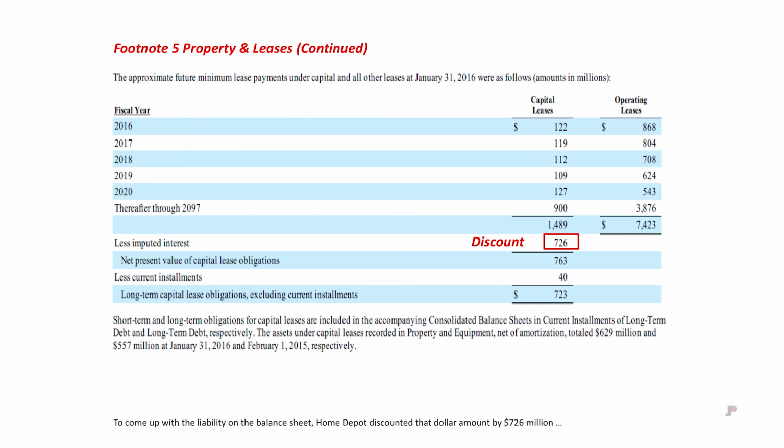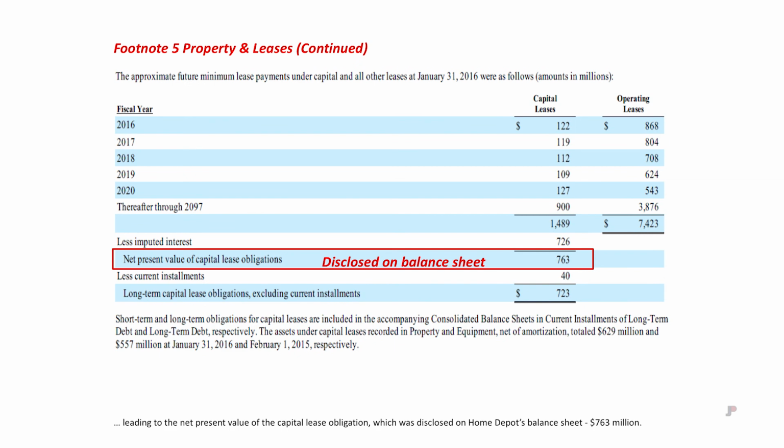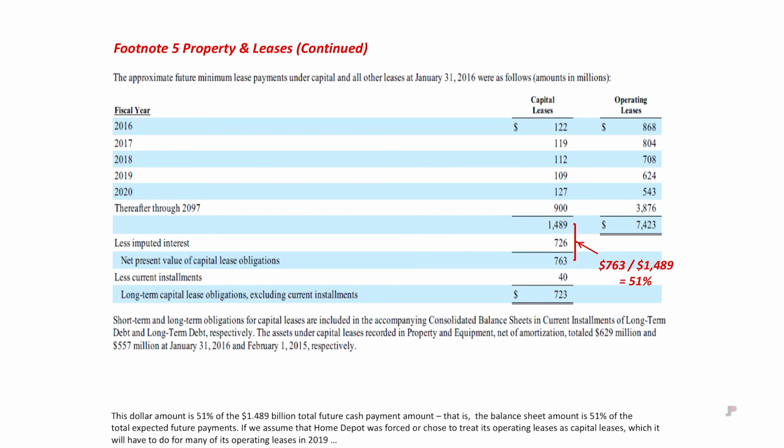To come up with a liability on the balance sheet, Home Depot discounted that future dollar amount using present value techniques by $726 million, leading to the net present value of the capital lease obligation, which was disclosed on Home Depot's balance sheet, $763 million. This dollar amount is 51% of the $1.489 billion total future cash payment amount. That is, the balance sheet amount is 51% of the total expected future payments.